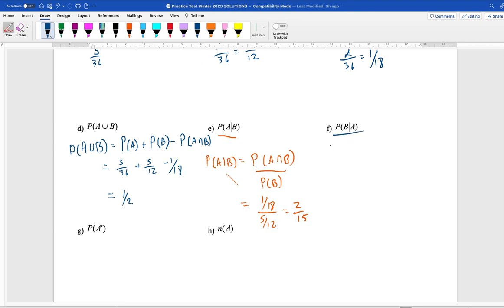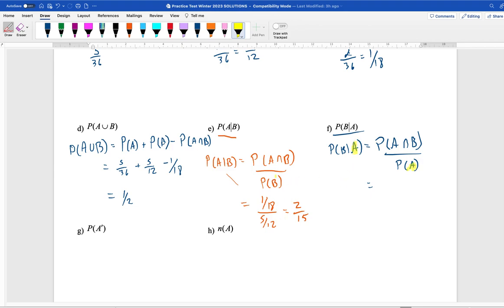Then here, probability of B given A equals probability of A and B divided by probability of A. Remember that these two always have to be the same. This and this.